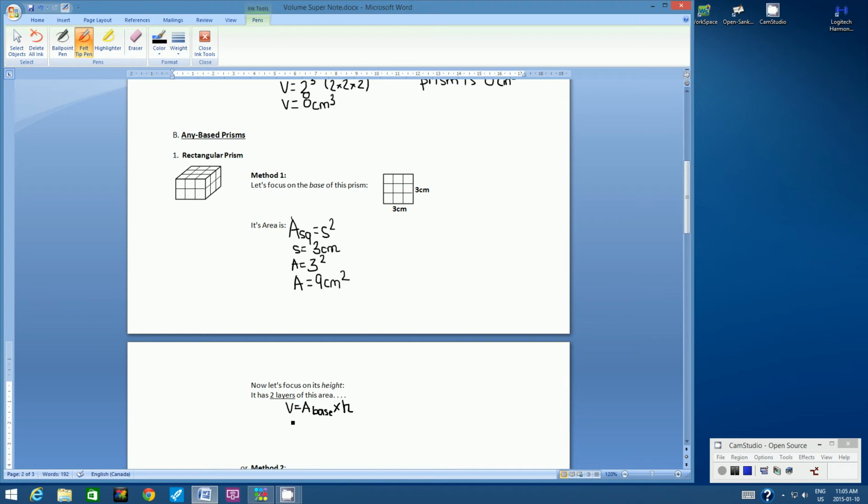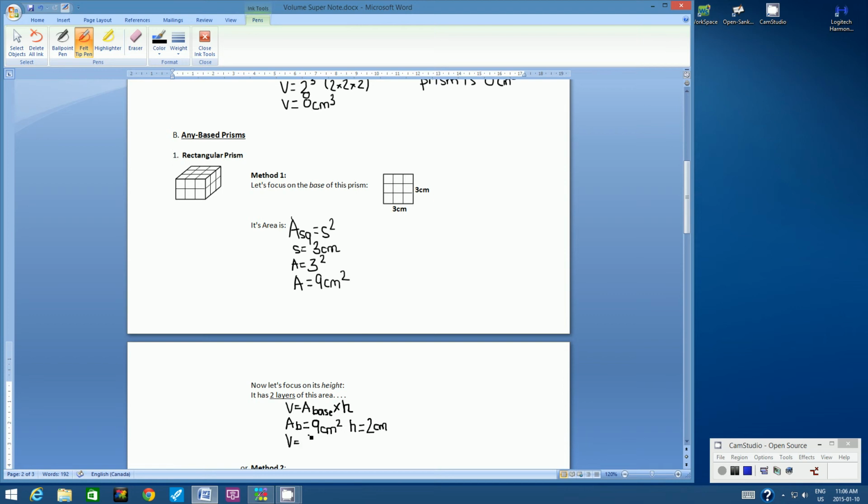Second line is our information line. The area of the base we just calculated in the first step is 9 centimeters squared. The height is right here. There are 2 layers in this rectangular prism, so it's 2 centimeters.